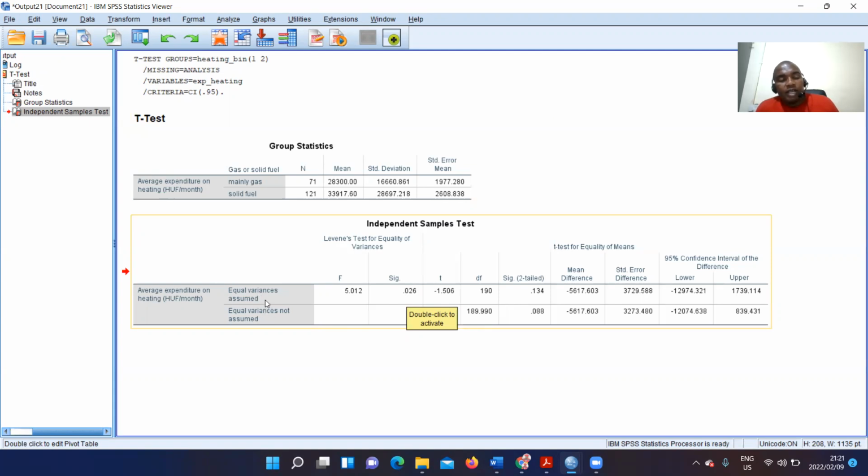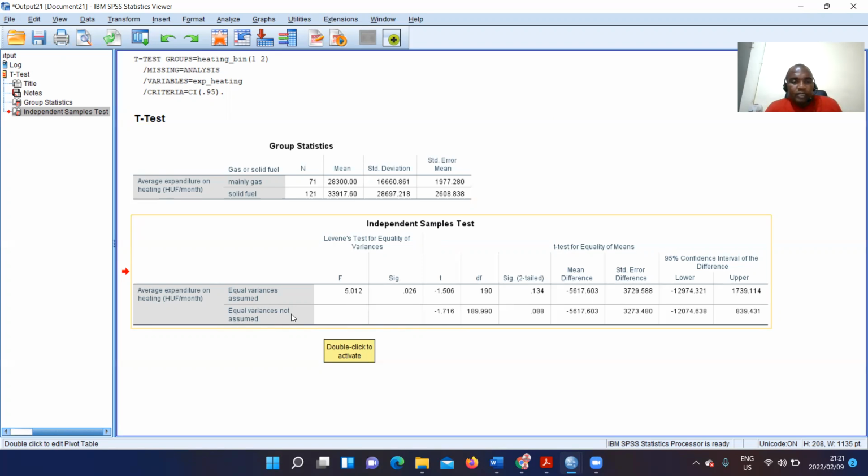Equal variances are assumed. So if we reject that statement that equal variances are assumed, it means we are accepting the alternative hypothesis that equal variances are not assumed, which is why there is a gap there. We don't need to calculate for that. Equal variances are not assumed.